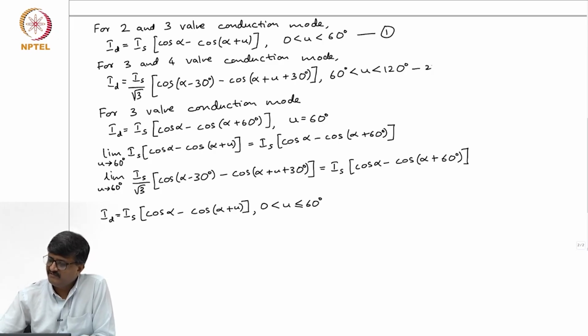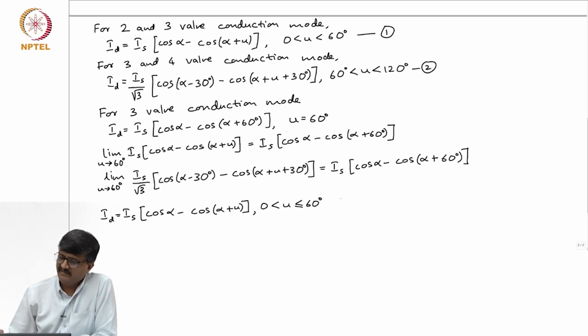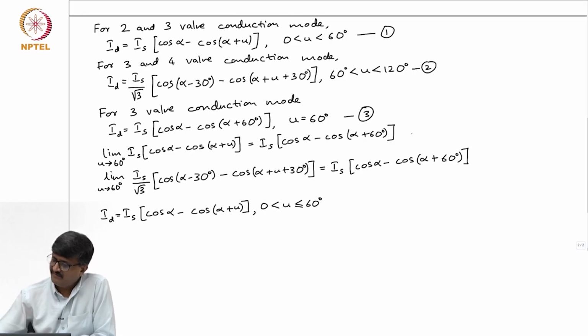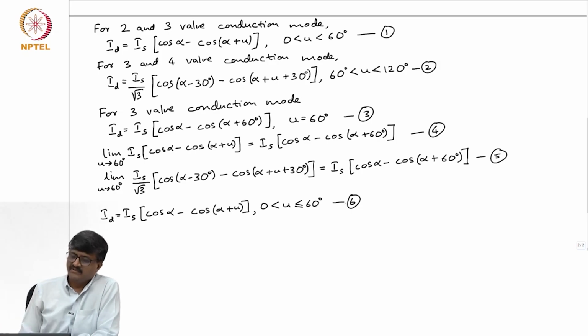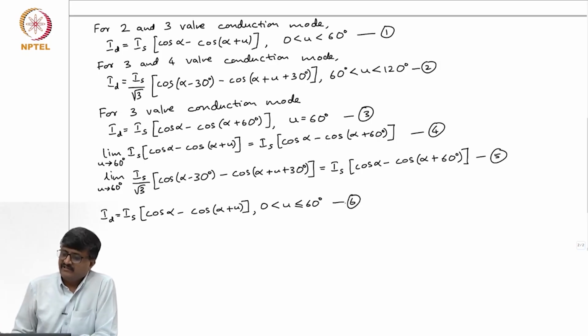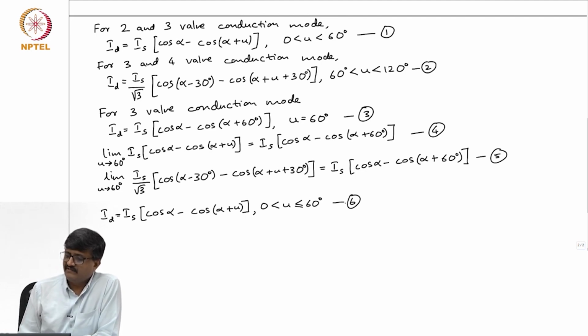Let me call this equation 1, this is equation 2, this is equation 3, and this is equation 4, 5 and 6. Equations 1 and 6 are almost the same, but actually 6 has something more. It also has the 3 valve mode, because u is not just less than 60, it's less than or equal to 60.